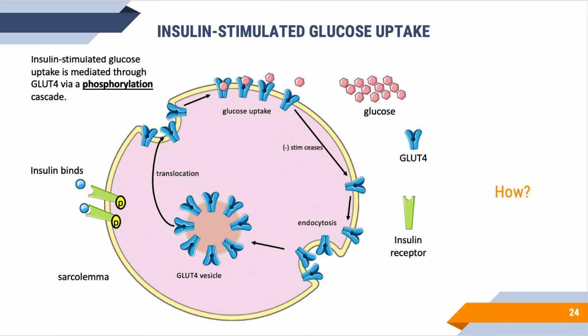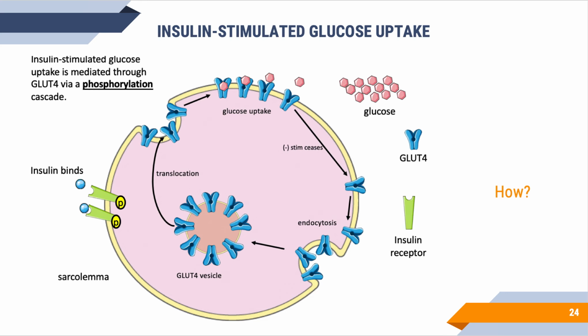The long story short is that insulin-stimulated glucose uptake is mediated through GLUT4, and in order to get GLUT4 to the plasma membrane, we need a phosphorylation cascade to occur. Insulin binds to its insulin receptor and causes this phosphorylation cascade that brings GLUT4 from its intracellular sites to the plasma membrane.